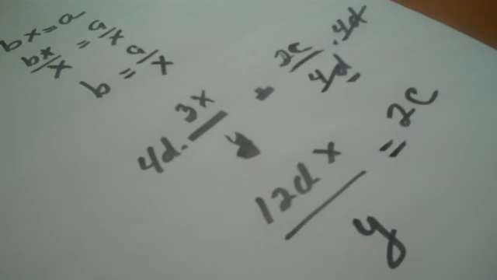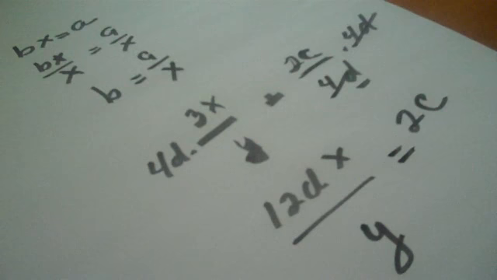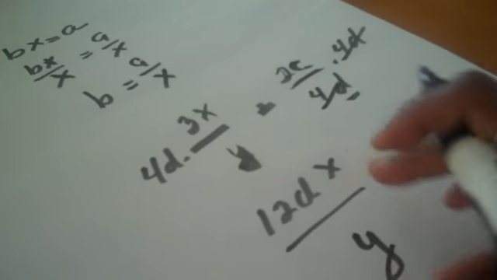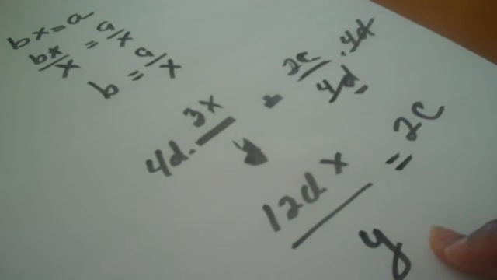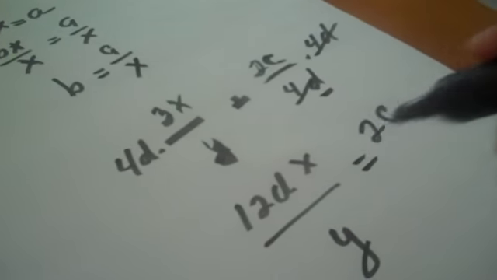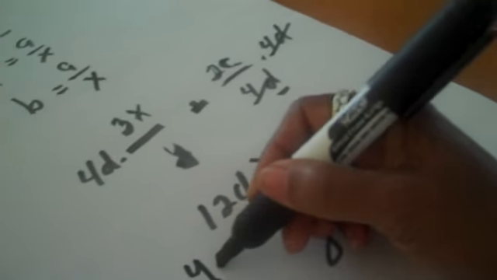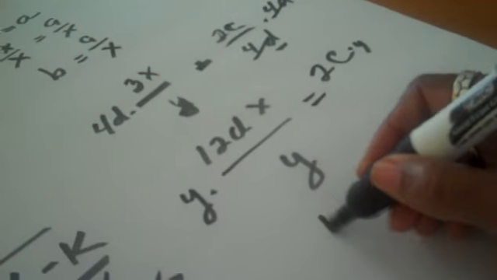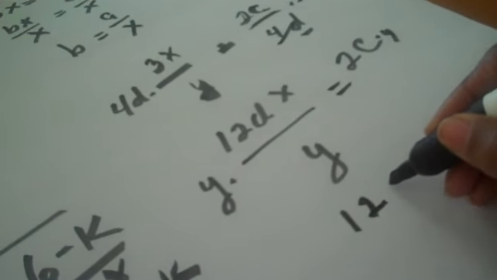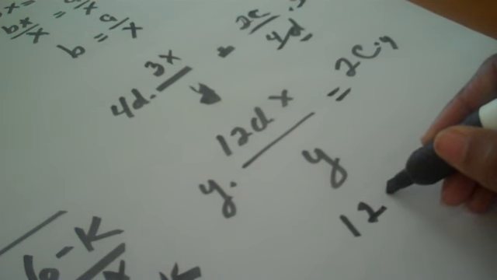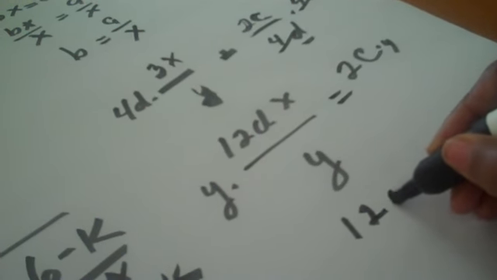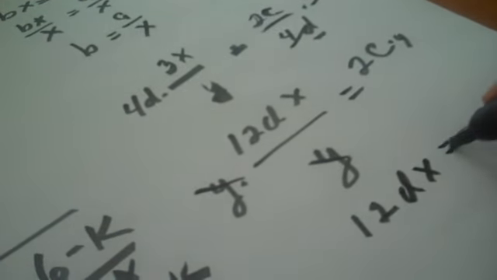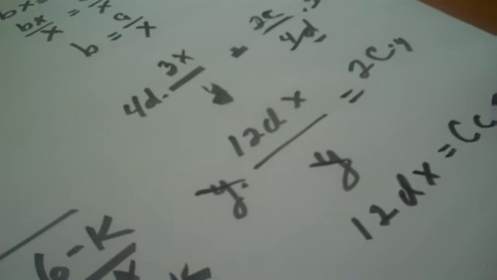Now, d is in the numerator, so then we need to get rid of the 12, the x, and the y. So if we multiply times y, that'll give us 12dx, because these divide out, equal to 2cy.